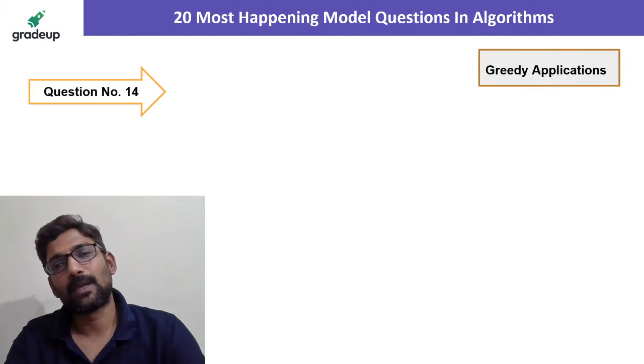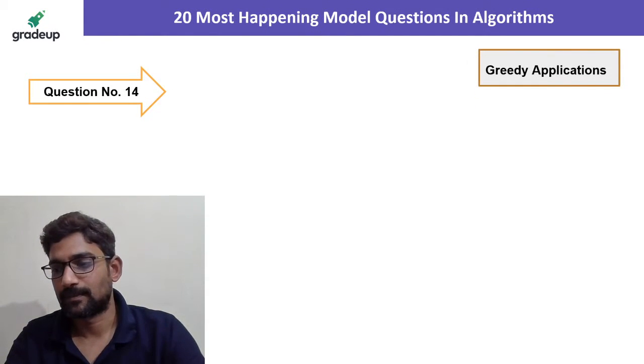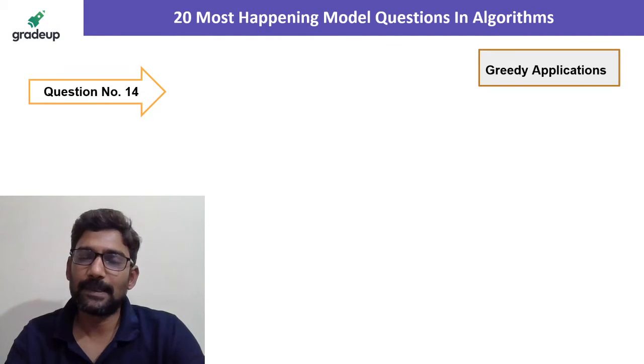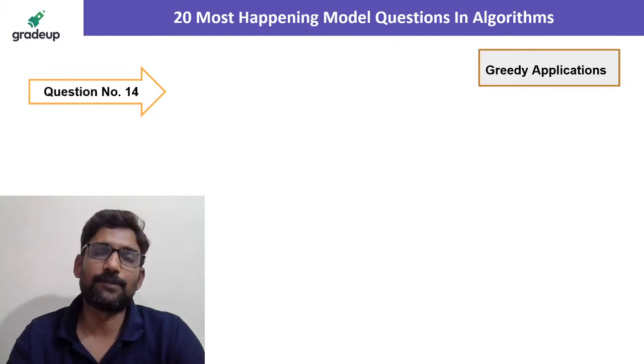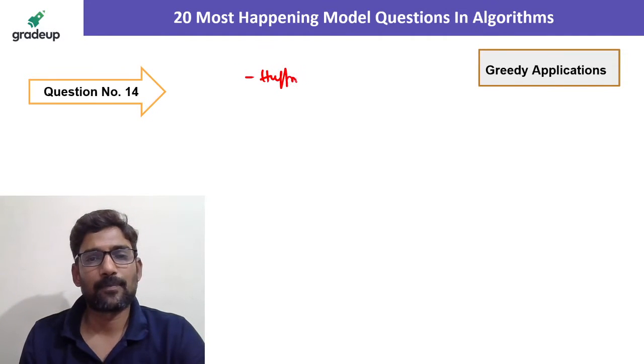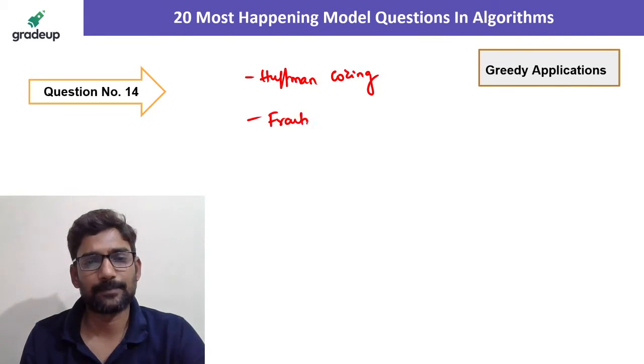Next is greedy applications. From greedy applications you may get a question, like what are the different greedy applications? You can say Huffman coding. You can say fractional knapsack.